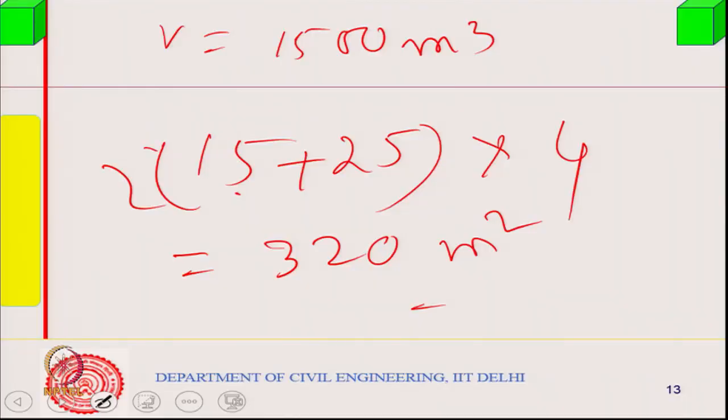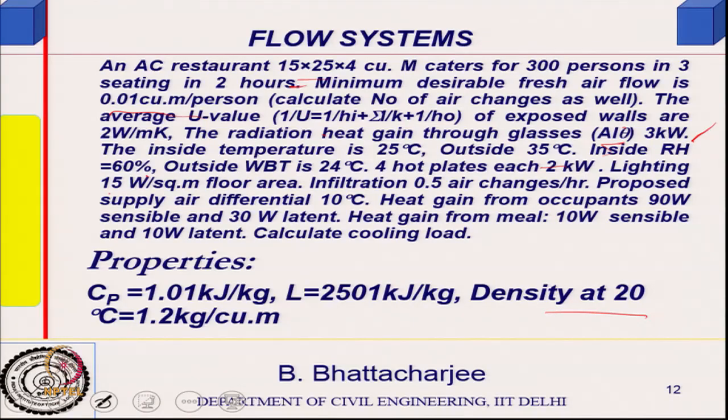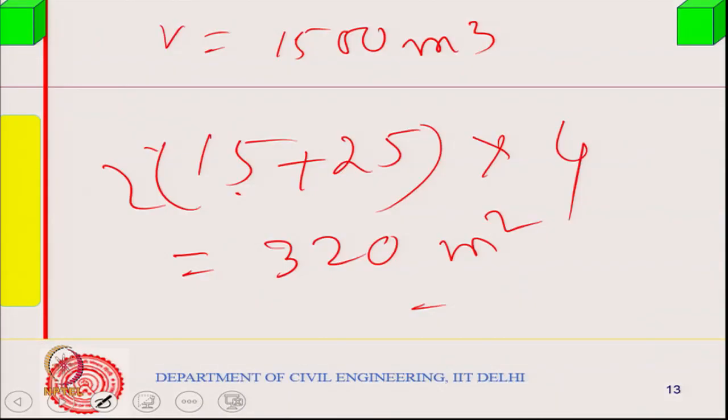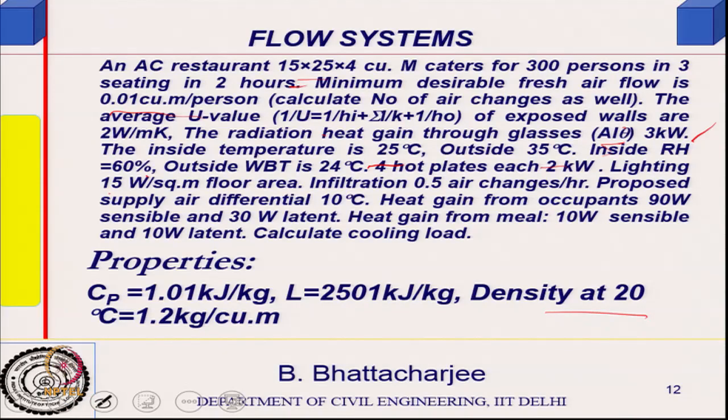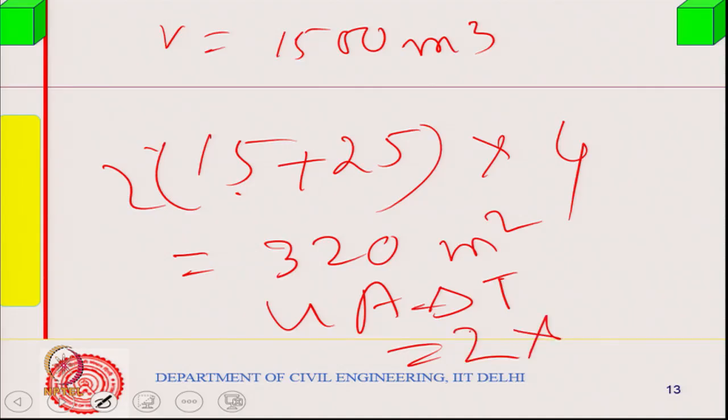What will be the heat flow? Outside temperature is given as 35 degree, inside is 25, right. So, temperature difference, U A delta T. U is given as 2 watt per meter degree centigrade. So, this is 2 into 320 into 10. This is part of the sensible heat gain, right.